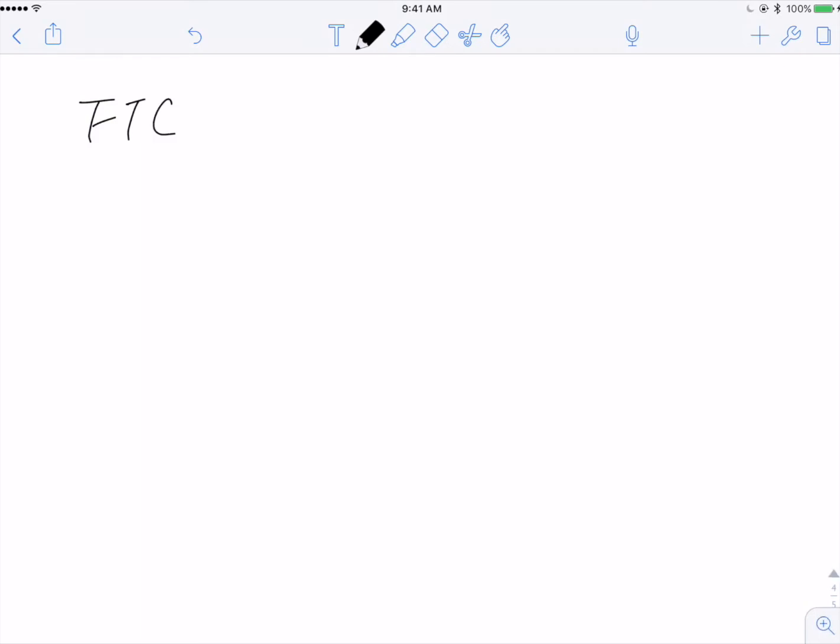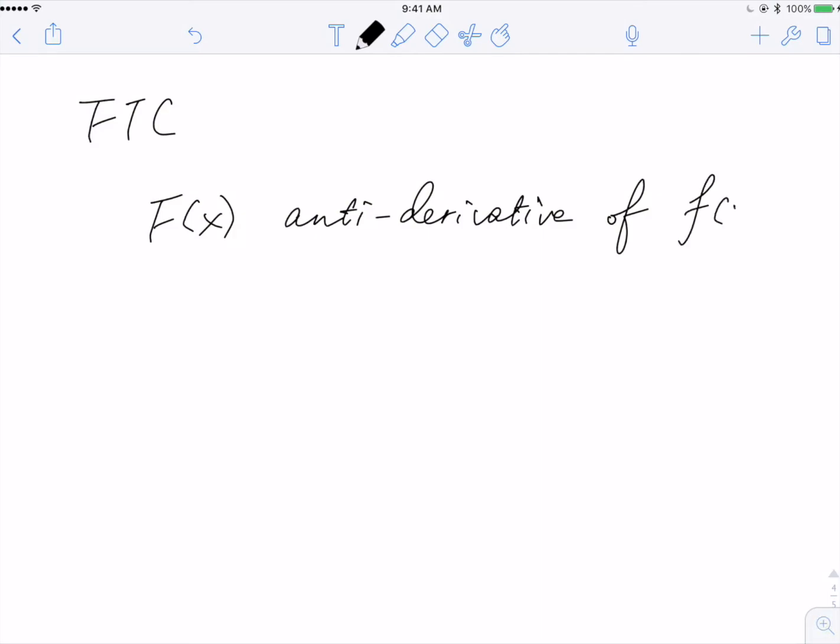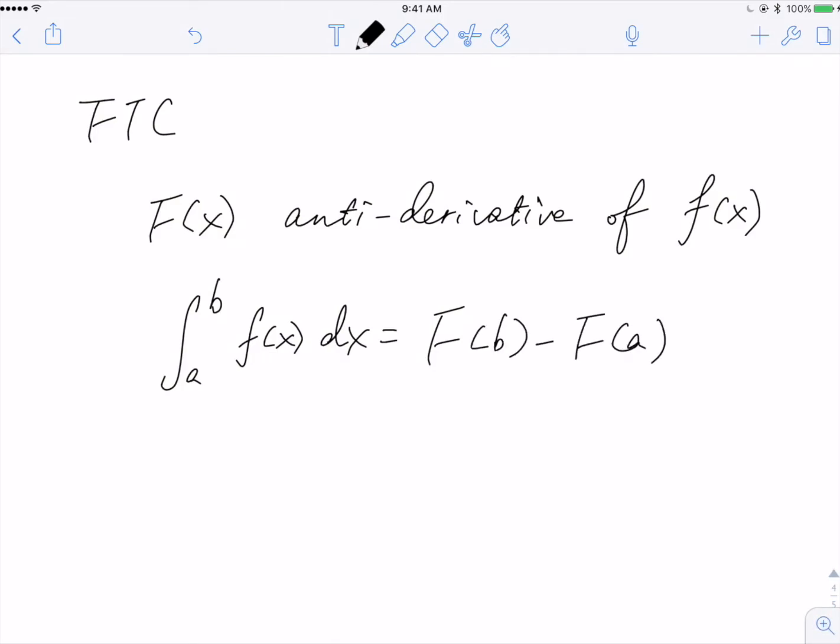The second part is saying that if capital F of x is an antiderivative of small f of x, then the integral from a to b of small f of x dx is equal to capital F of b minus capital F of a. And if you change it a little bit, it's also called the net change theorem.